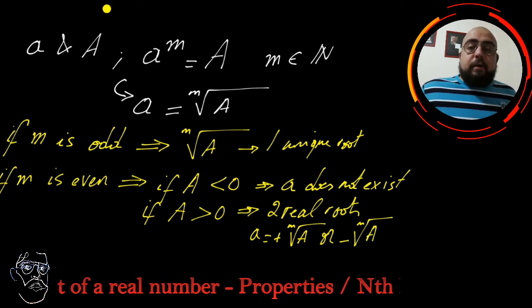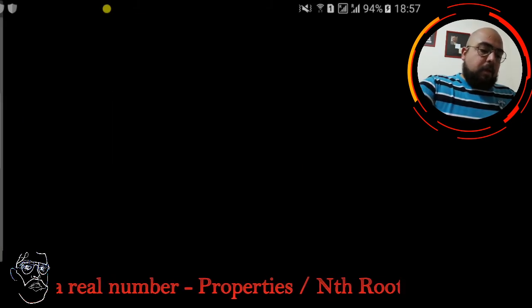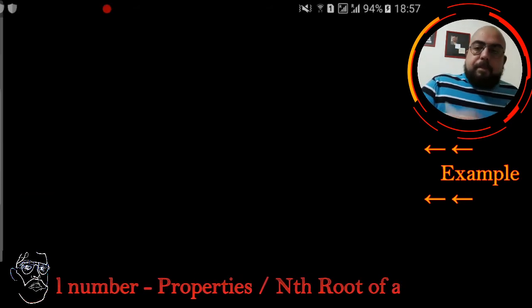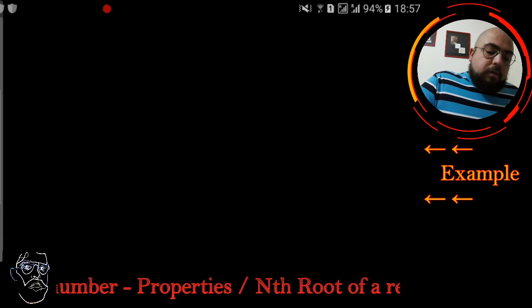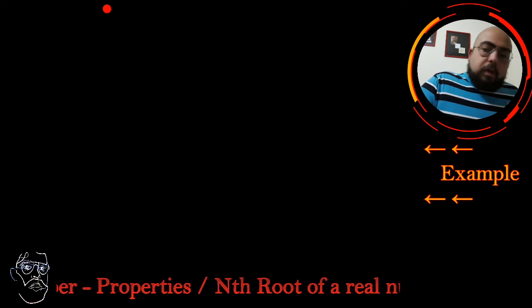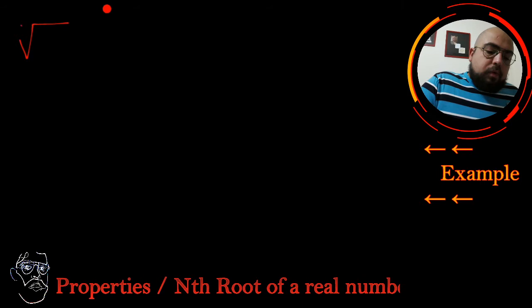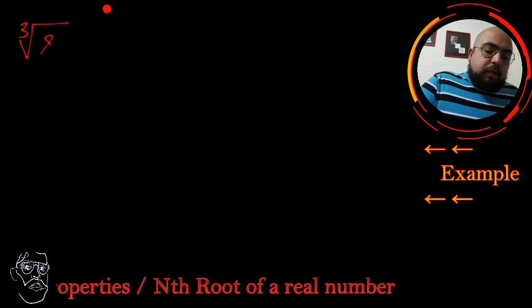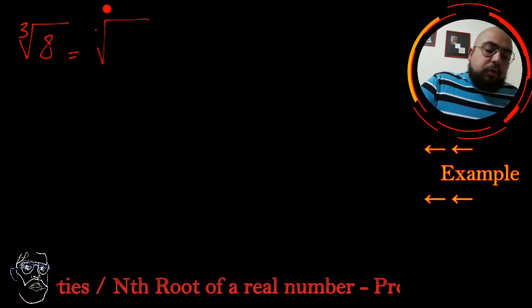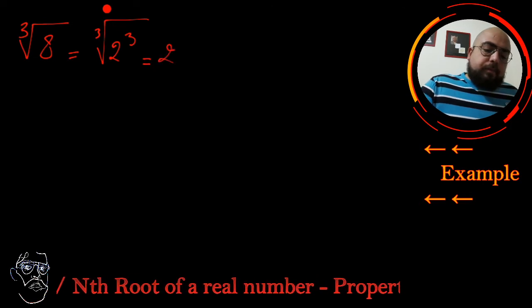Let's take a few examples in order to understand this part. Let's say the first one is when m is odd. So the cubic root of 8 is the cubic root of 2 to the power of 3, which is 2.